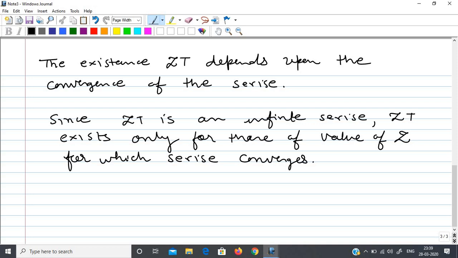So the next important concept is the region of convergence. ROC means region of convergence. So what is the region of convergence?